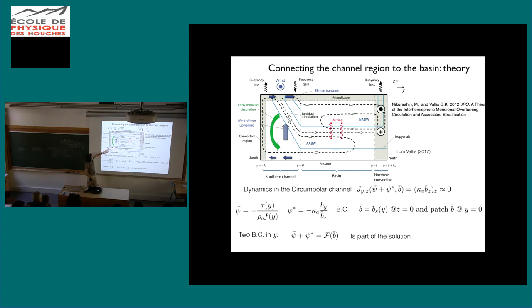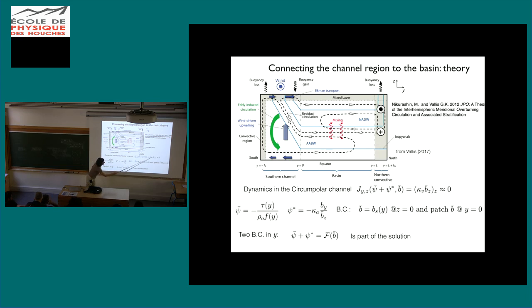And so the channel ends at y equal minus L sub s. And then there is a region here, at y between L and L plus L sub n, where eventually convection is occurring. And so in the circumpolar channel, you can assume that approximately the dynamics is the same as before.